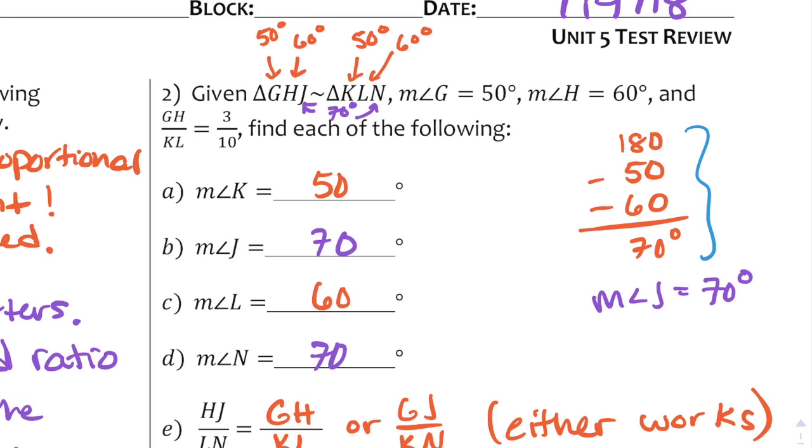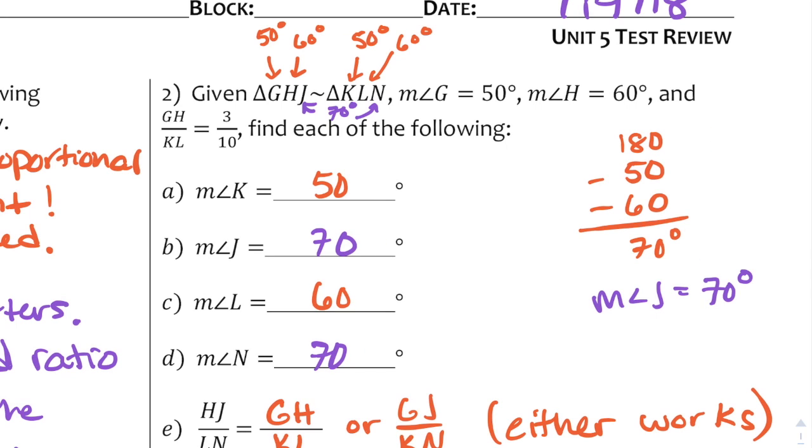I take away from 180, 50, and 60 because I know each triangle has those angle measures, and I get 70. So I know the measure of angle J is 70, which is the last one, and so does angle N. That also has to be 70. So I put those in for my angle measures. K I substituted in, and L I wrote in as well based on the original. So that's where everything came from for my angle measures.